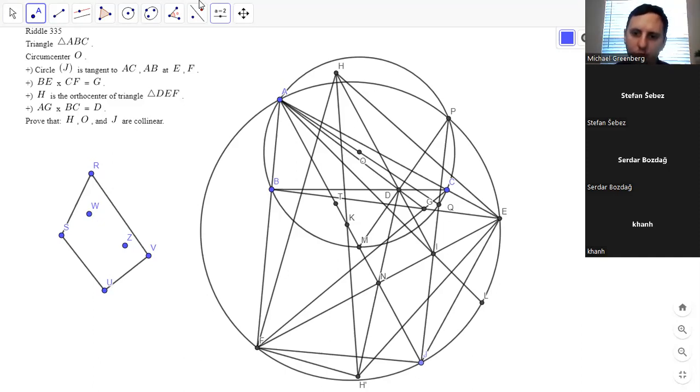So if that's true, then point H should have an isogonal conjugate in quadrilateral AFJE.